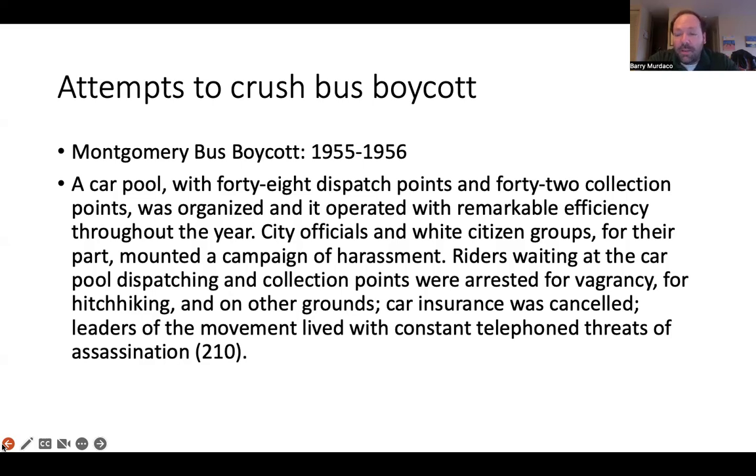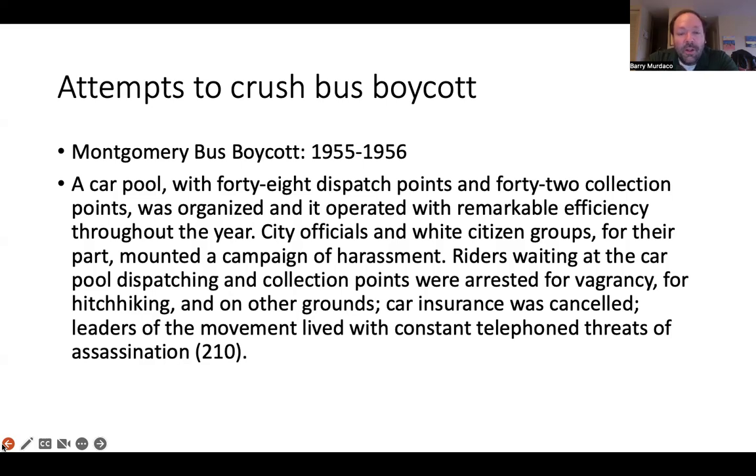But yes, Black leaders in Montgomery, Alabama, organized a boycott of the bus service. Black riders would no longer ride on the bus, would no longer pay their fares, to make the city authorities aware of how much of an economic contribution Blacks in Montgomery were making, that they were a significant source of revenue for the public transportation service.